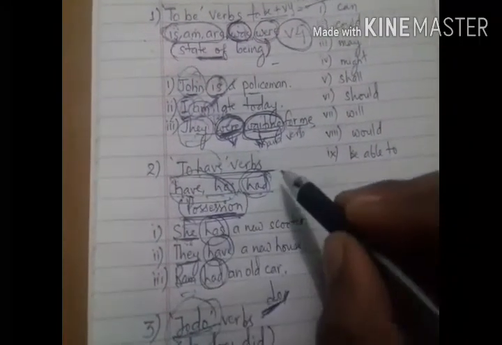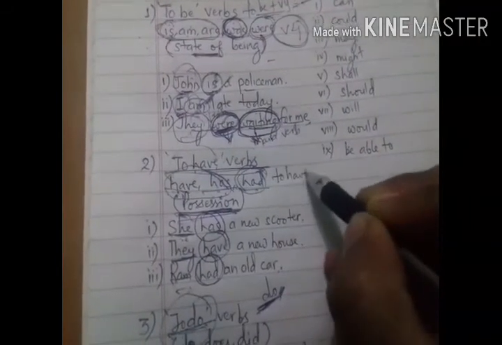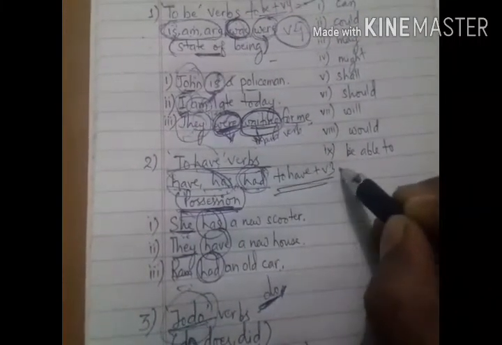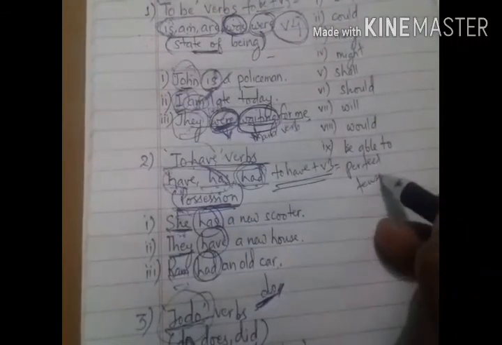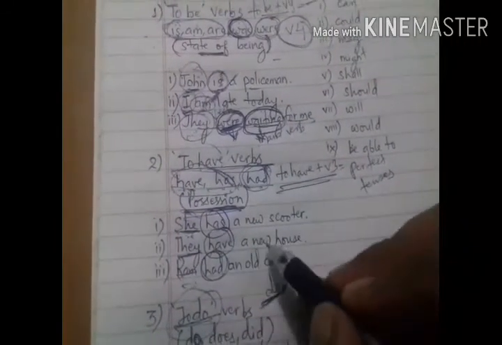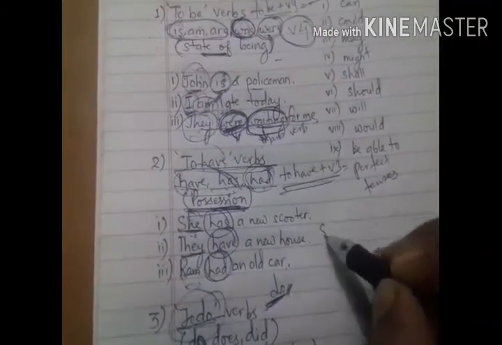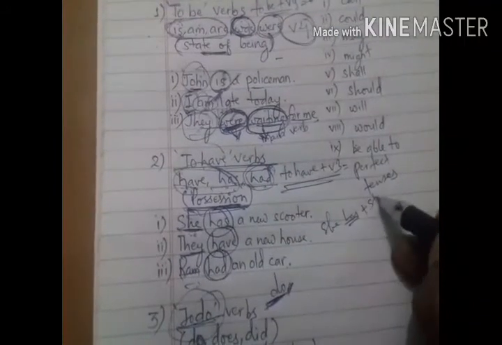Understood? Now to have, whenever we use to have verbs, the main verb is always V3. That means whenever we use to have plus V3, it becomes perfect tenses. Like she has stolen my purse. Has is the helping verb here, plus stolen.